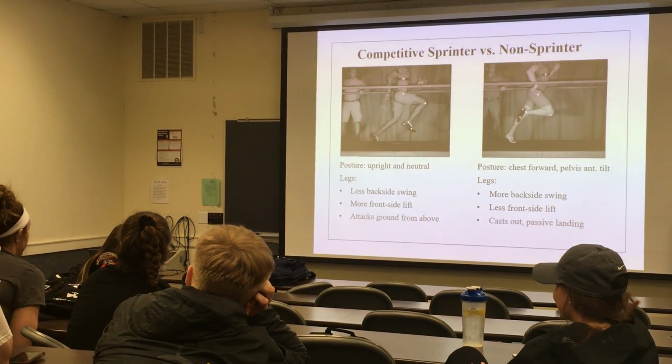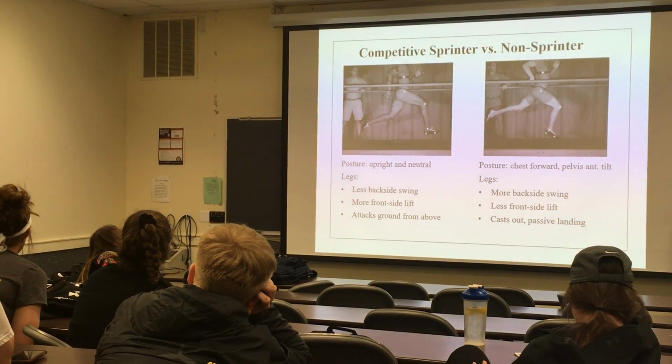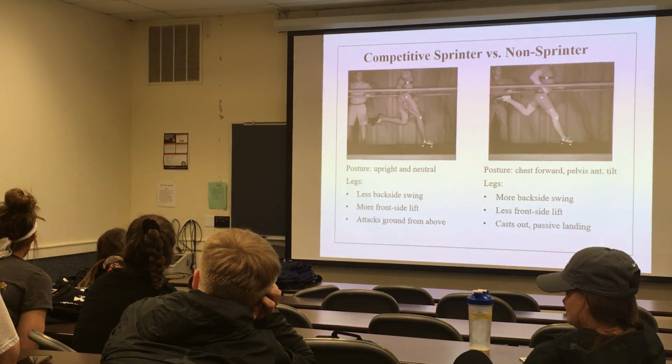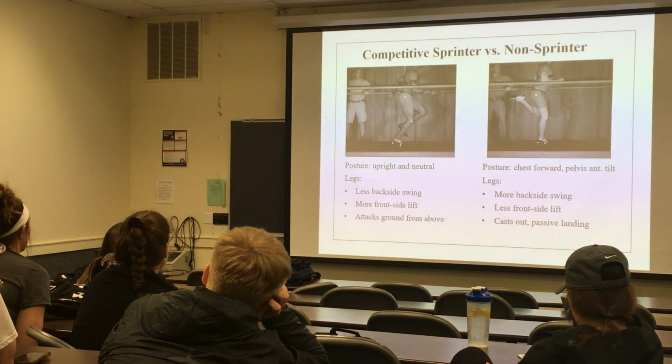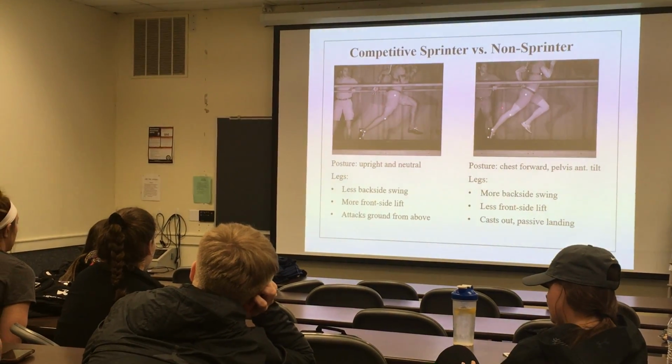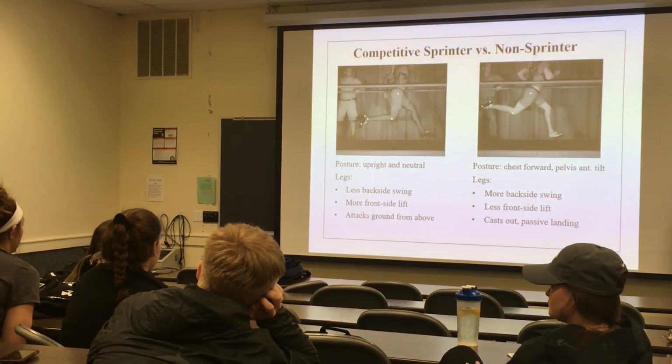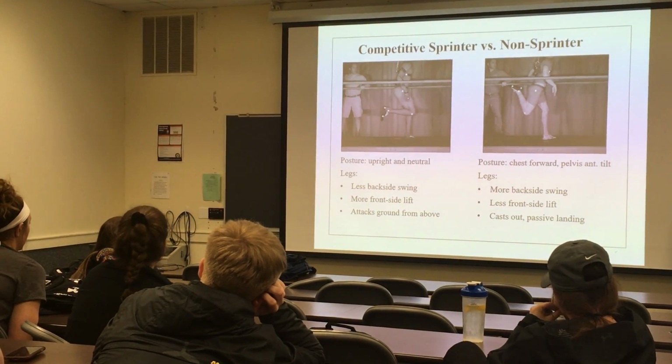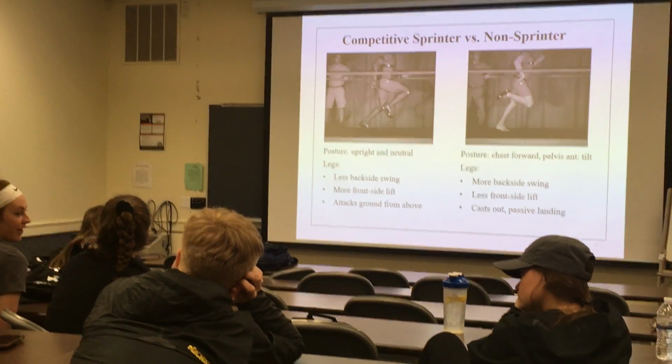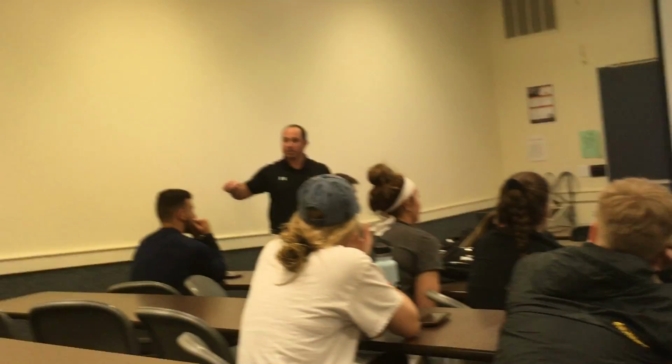And once I get it way up in front of me, now I can attack the ground, as opposed to this guy here. Leg goes way far behind, can't get it far up in front of him, he's punching from here. The guy on the left is punching from here. Does that analogy make sense?